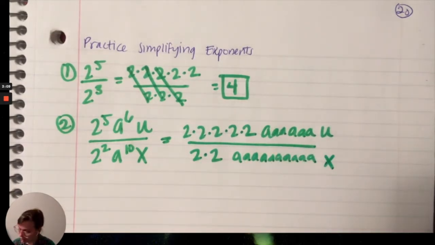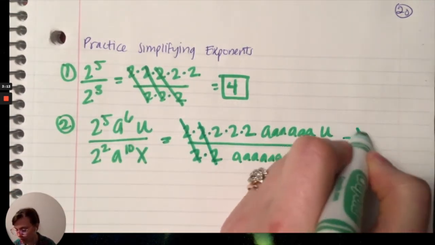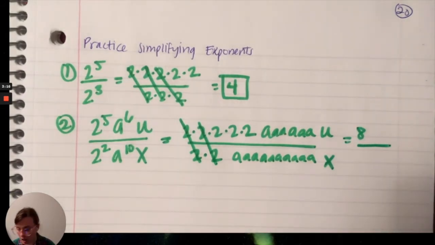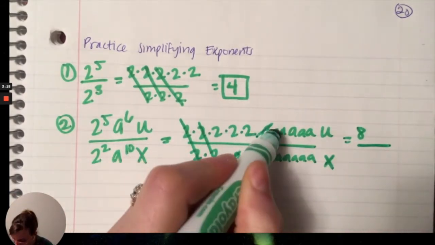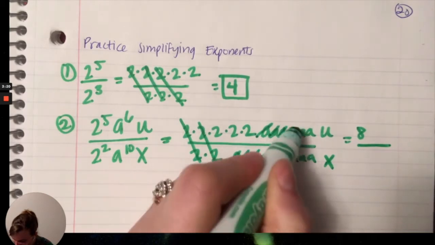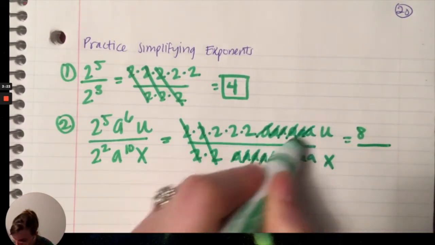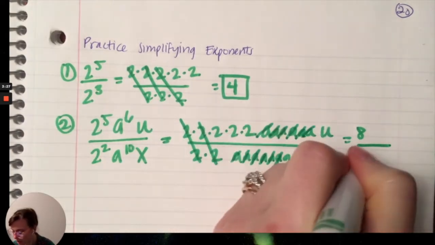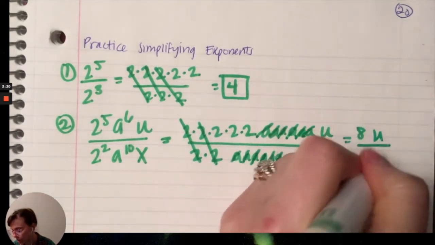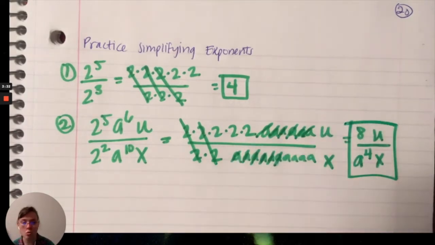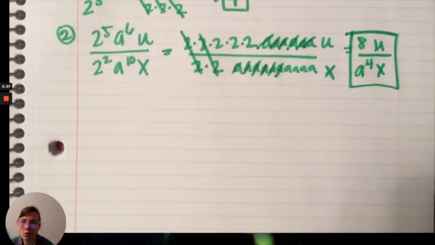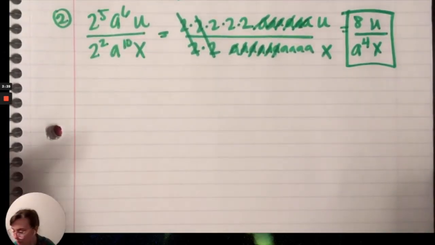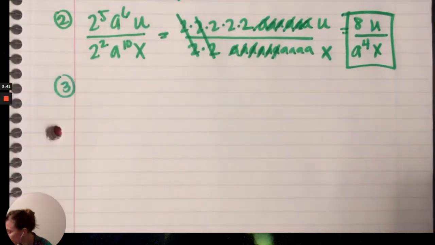That means 2 of my 2's go away, so I'm left with 3 of them, which is going to leave me with 8 in my numerator. And then I'm making sure that I'm counting right, so I should have 4 left in my denominator, and the u and the x don't change because nothing is there to simplify. So that is my final simplification. I'm not really solving anything. I don't even know what those variables are. I'm just simplifying.